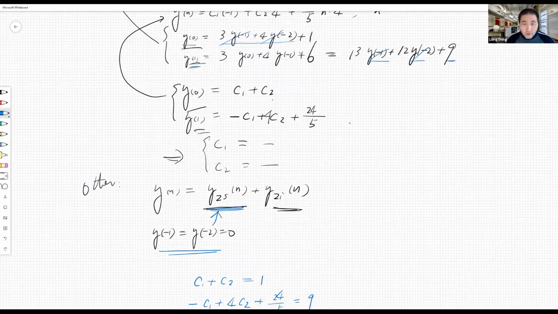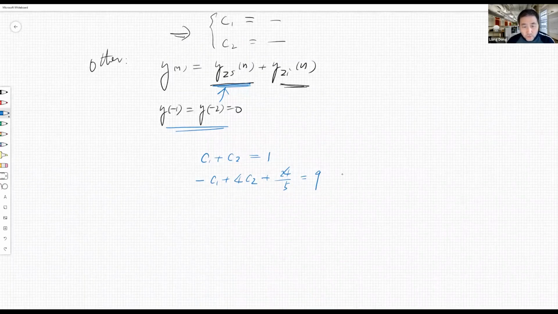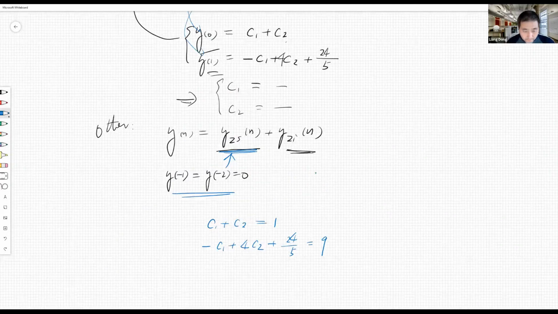I have y0 equal to 1. That's what I plug in here, and I plug this in here, then I get this equation, right? So C1 plus C2 equals 1, negative C1 plus 4C2 plus 24 over 5 equals 9. Okay.